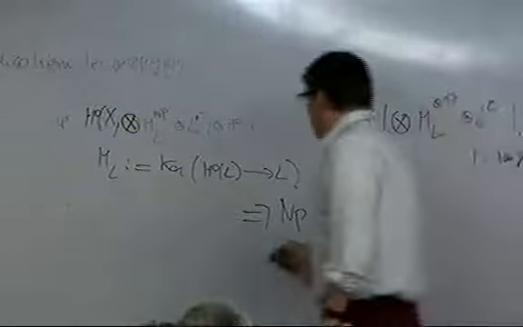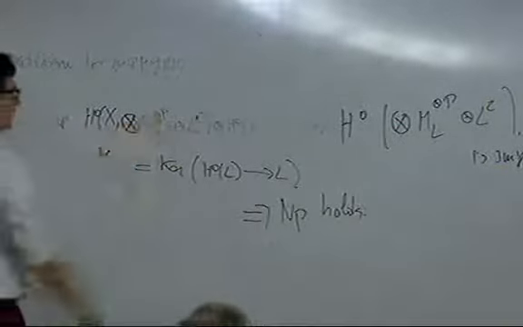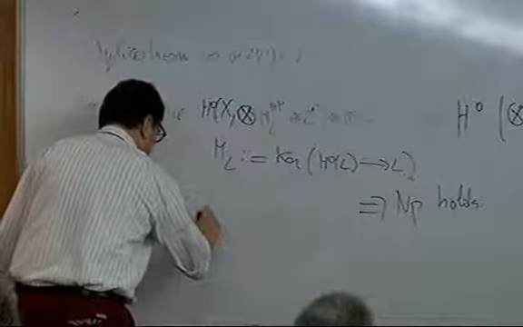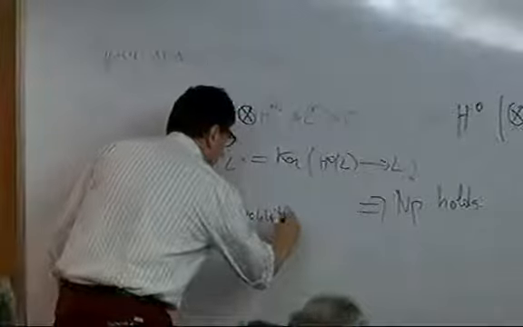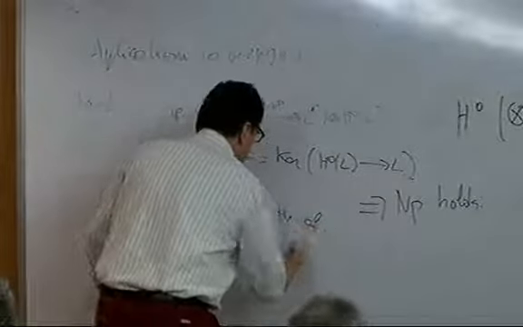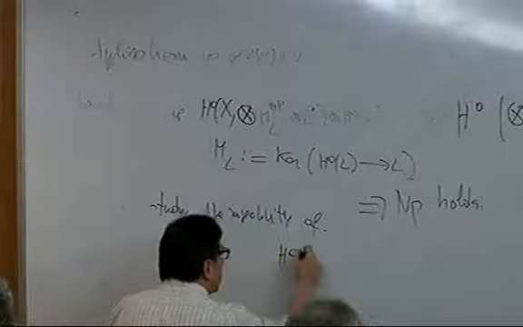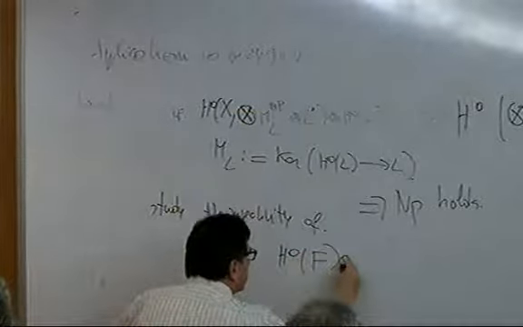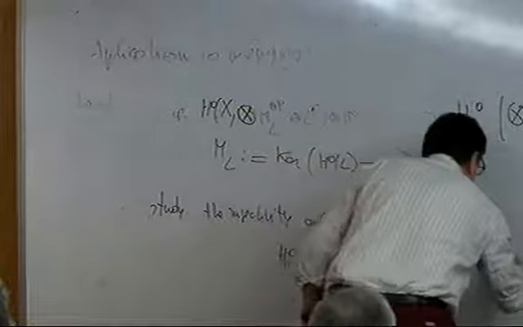Then we are reduced. The problem now is that we have this complicated vector bundle here. So we are reduced to study the surjectivity of the multiplication map of global sections, say H^0 of F tensor H^0 of L, in H^0 of the tensor product.